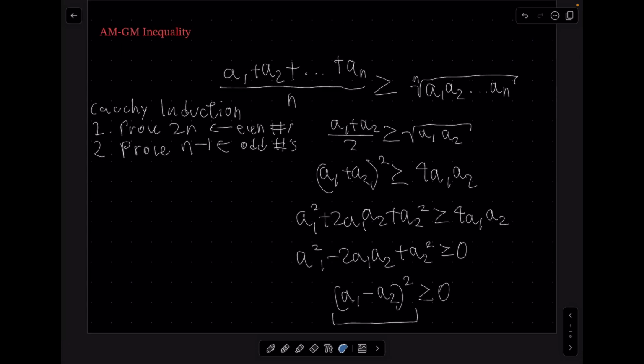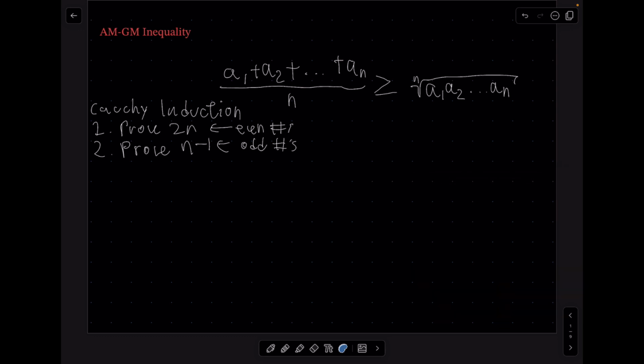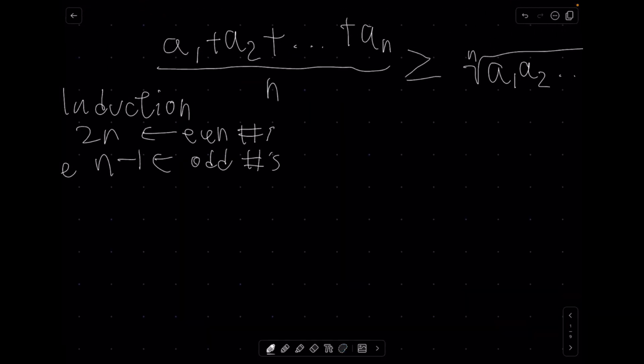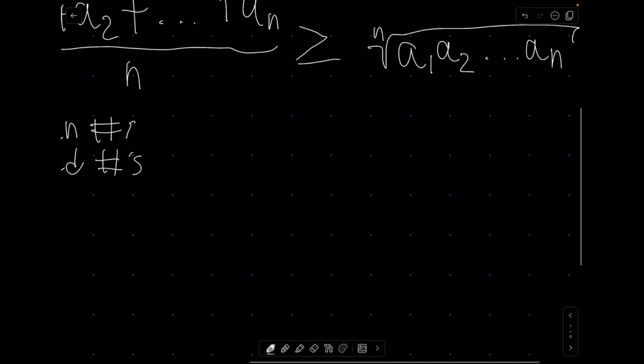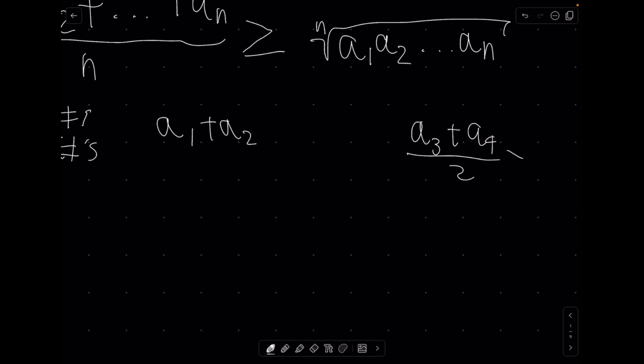Okay, so now that we have the base case done, we can start to prove it for higher even numbers. So let's just pick 4 numbers. You have a1, a2, and a3, a4, and we're going to apply AM-GM, or at least the base case, to each of these, right?